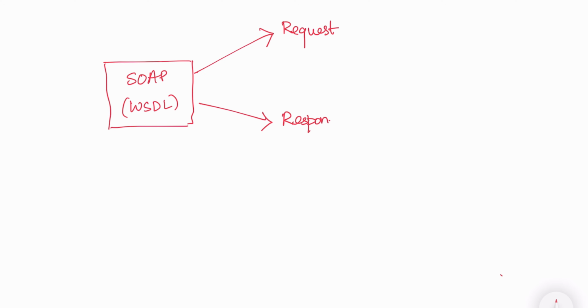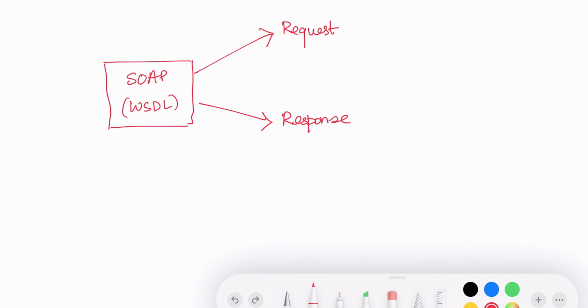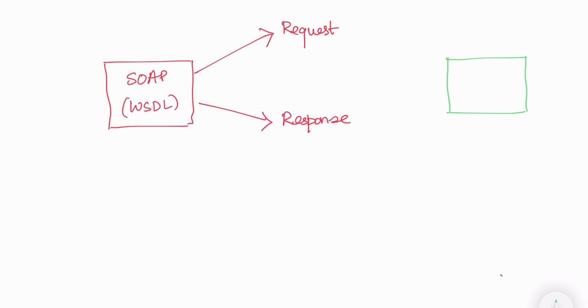Let me quickly explain what is the mapping that we're trying to achieve here. As you can see, we have a SOAP WSDL, which is our source structure. This WSDL has two structures, one is the request structure, the second one is the response structure. Similarly, on the OData side, in the EDMX entity data model XML, we have request and response.